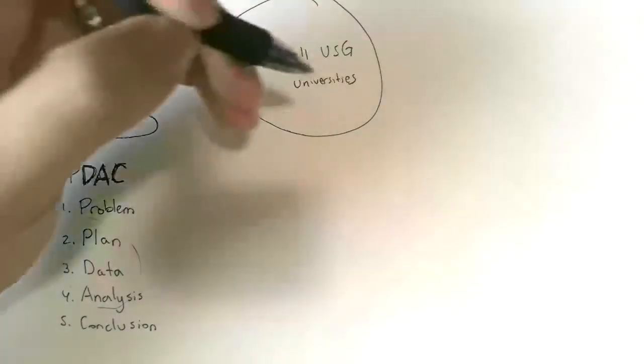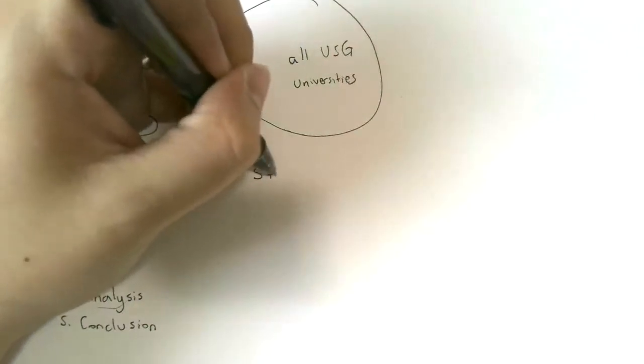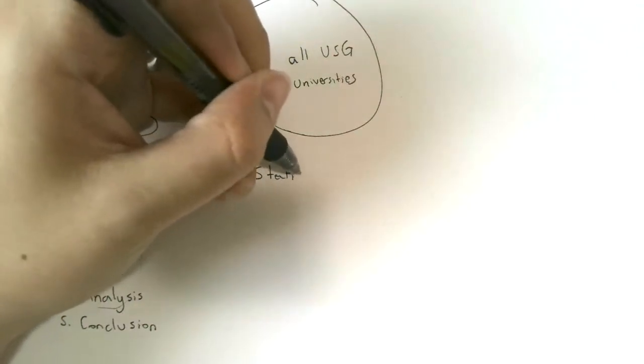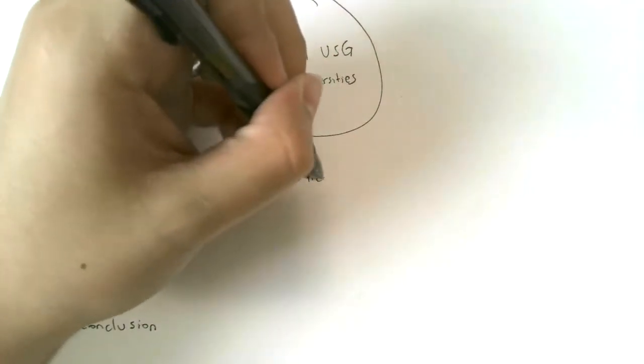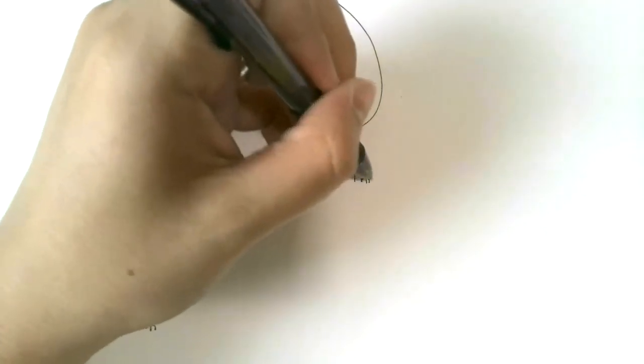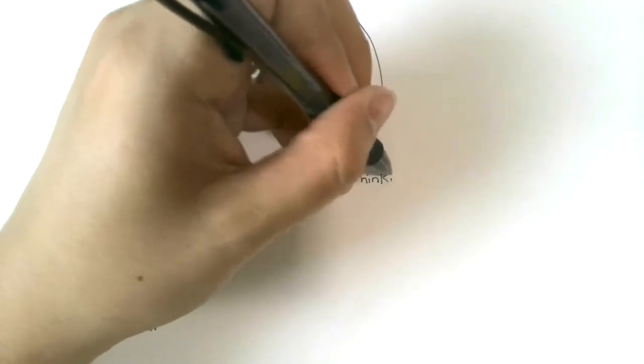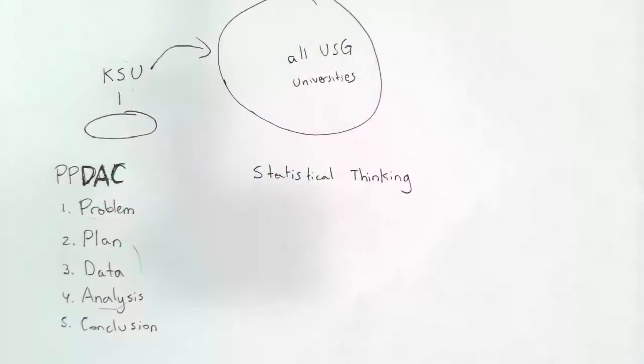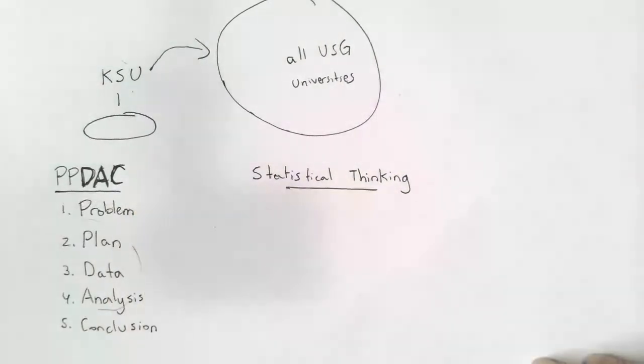And then we are going to apply something called statistical thinking to our approach. Now, statistical thinking is something that doesn't just apply to this class, it applies to everything. And statistical thinking is essentially a nice fancy way of saying, hey, think statistically, right? You incorporate variability into your decision-making process and your problem-solving process.